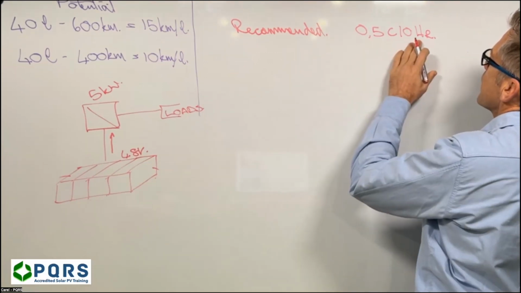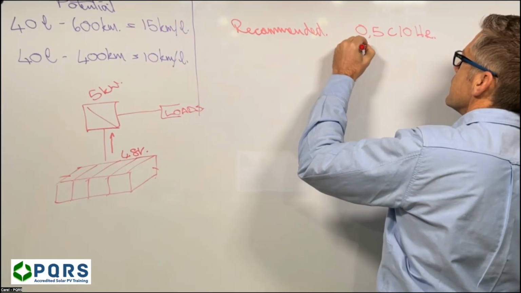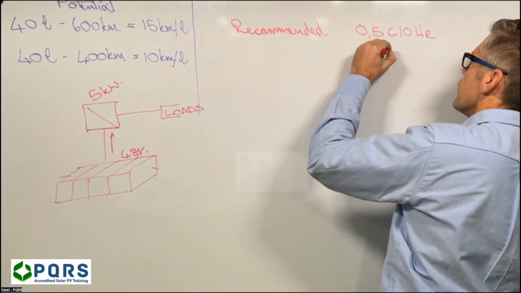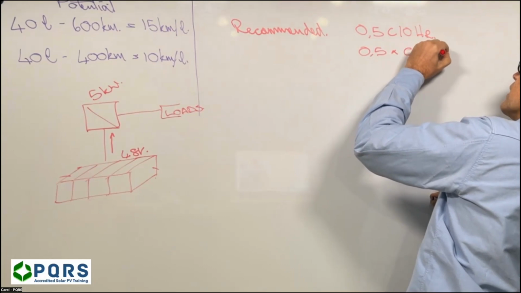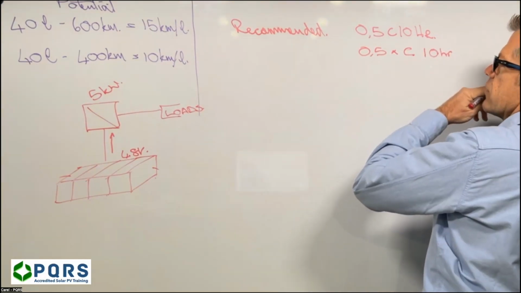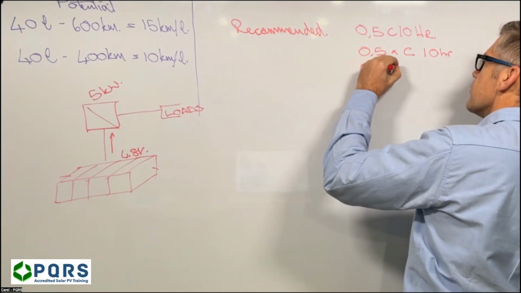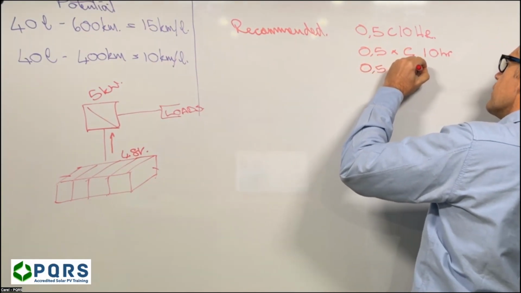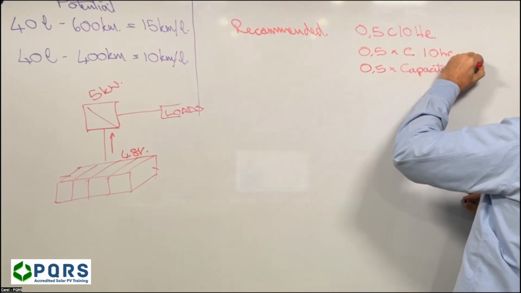That means it is 0.5 times the capacity of the 10-hour rating. So let's write that out: 0.5 times the capacity at 10 hours.